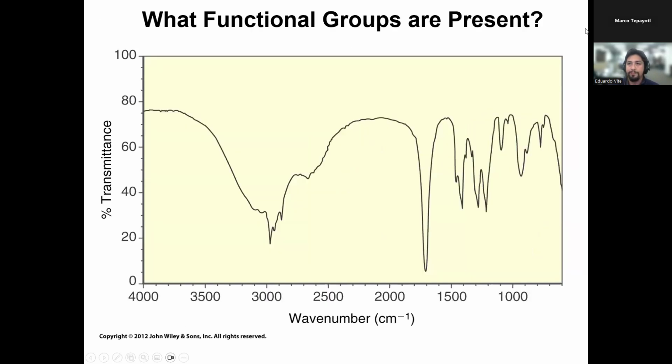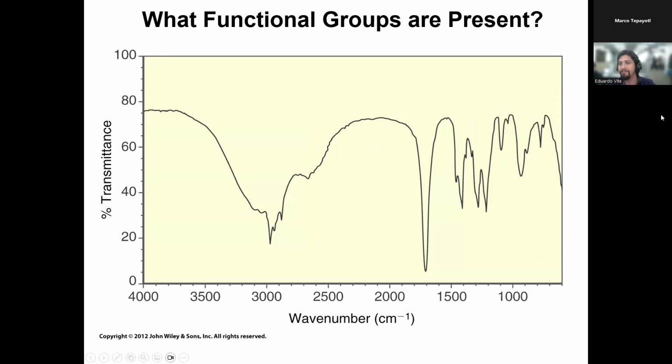And so now this is pretty much all of the info you need. At the beginning of the presentation, I showed you the spectra, and it looked like a bunch of squiggly lines. Hopefully by now, you can kind of start knowing what to look for and telling me some information. So this is where you guys tell me in the chat, or if you want to unmute your microphone, what functional groups are present in this specific spectra.